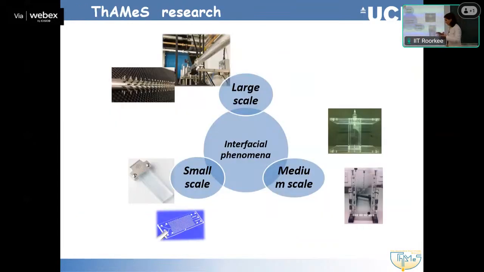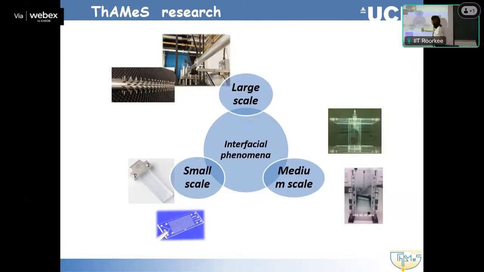Now I'm coming more into what we are going to discuss today. Within this multi-phase research area is where my Thames research group sits. The work we do in my research group looks at different scales, traditionally starting from larger-scale two-phase flows, originating from the old energy, oil and gas applications, moving to medium and small scale, which is linked to intensification.